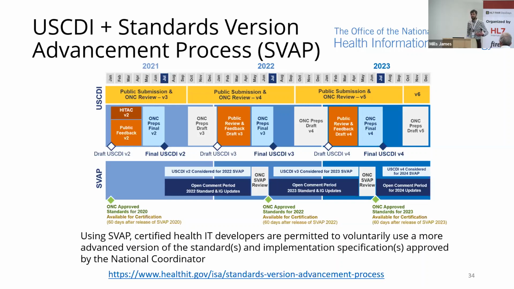But when they publish USCDI version 3 in July, it takes a fair bit of time to build a standard that has some testing experience. So we're a little bit off cycle, but I think we're on cycle now, where the SVAP process will always happen after some key standards are published, with the idea that ONC will include them. Maybe they'll delay because they're too immature. We don't know. But on the bottom cycle, the SVAP review is going on right now, and they'll hopefully name the most recently published standard, and then they do it all over again.